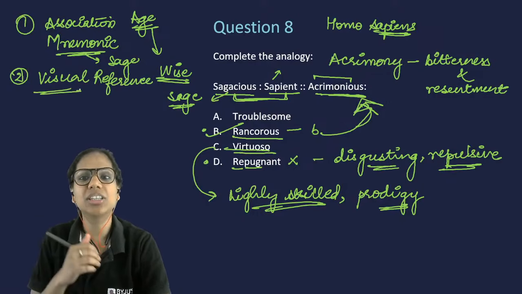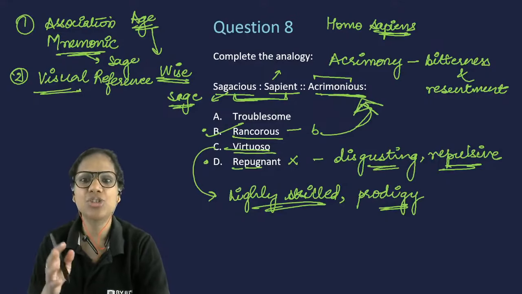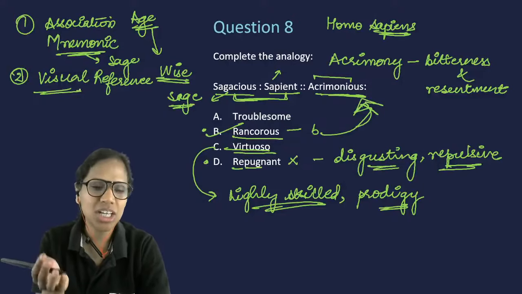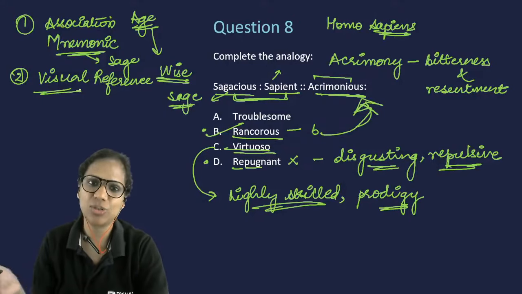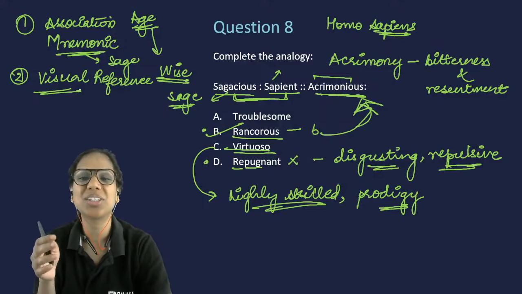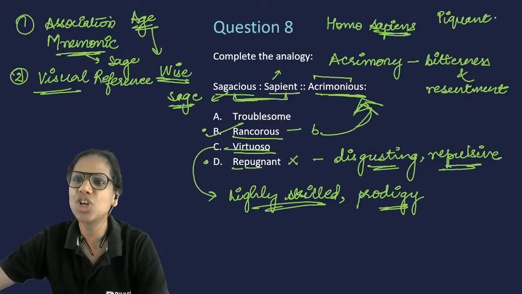Right. So this is how we remember words, by applying them to various contexts in the form of questions, by associating them with a word, another word, with a person, etc. Okay, your association can be auditory also, it can be olfactory also. So for instance, the word piquant. Piquant means something that has a sharp taste or smell.